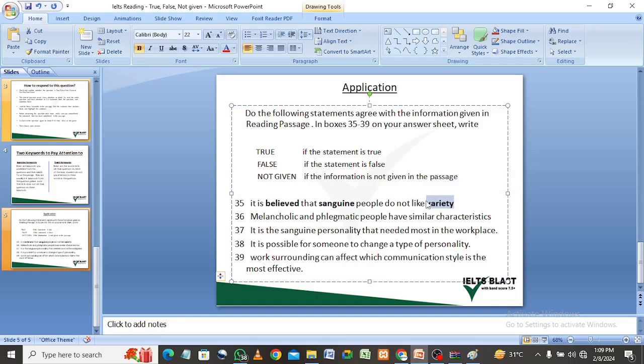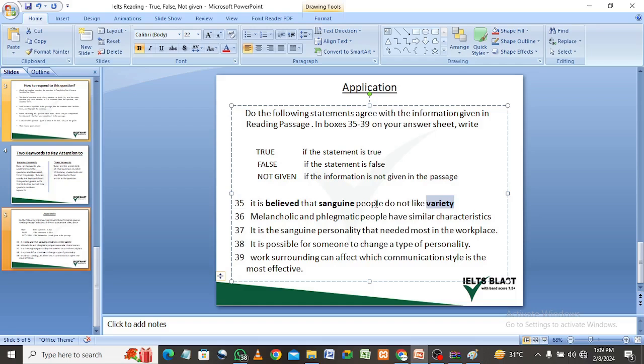So these are the words you are to search for in the passage, because there is a particular statement in the passage that has these keywords. Although sometimes they can use synonyms, like for belief, they can use assume, or other words that are synonymous to what? Belief. But sanguine and variety, they will repeat word for word.